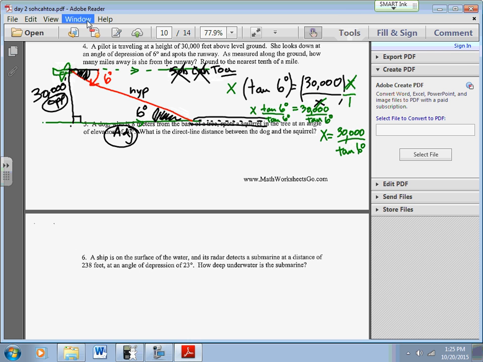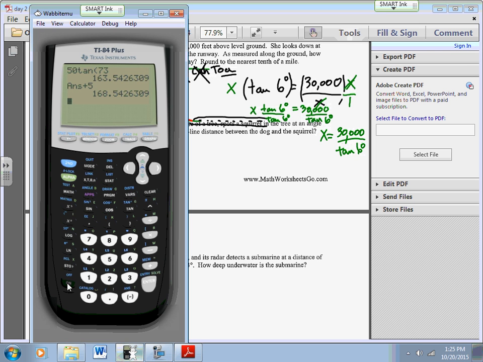So type that into your calculator. 30,000 divided by the tangent of 6 degrees. And you see the number I'm getting? Is that the number you're getting? Yep. Now, x is equal to 285,430, and these are all in feet.